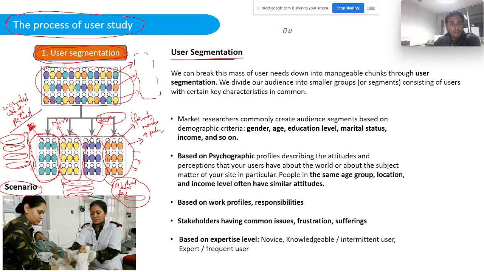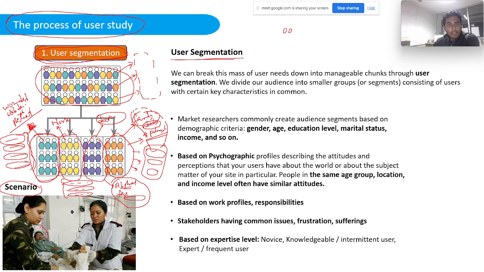Then you may talk with the family members of patients and see what problems they are facing. Those issues or experiences are not shared with the patient, so you may come across a different set of information, from which you may understand the various activities that family members have to perform in a hospital setting, and also their pain points.